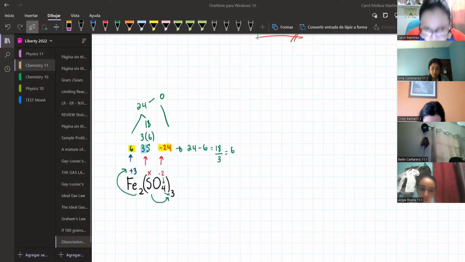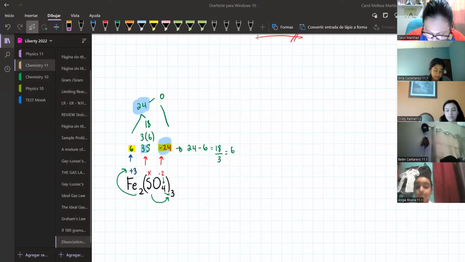And why did you get 0, Miss? I know that 3 times 6 is 18, and 18 plus 6 is 24, but the 0 that is there, where do you get it? Because of that 24 minus that 24 from here. And the 6 that you get in the process when you divide, why did we do that process? In the one that you get 6, this 24 minus 6, yeah.